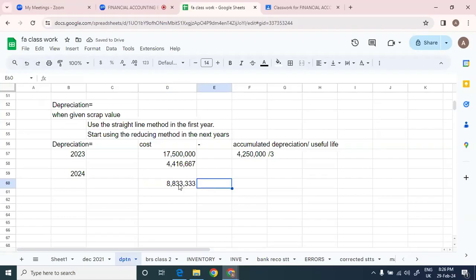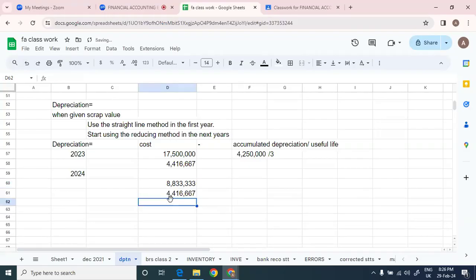So after this one, we are going to get this divided by how many years? 2. By 2. So I think we are getting the same thing. Is it?